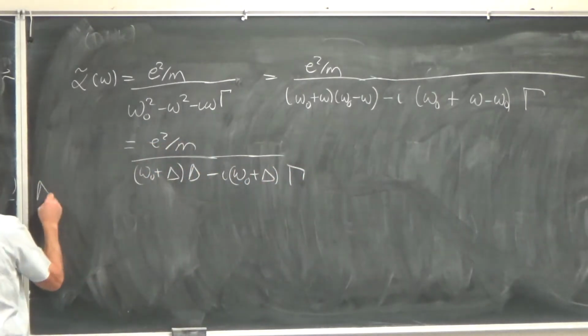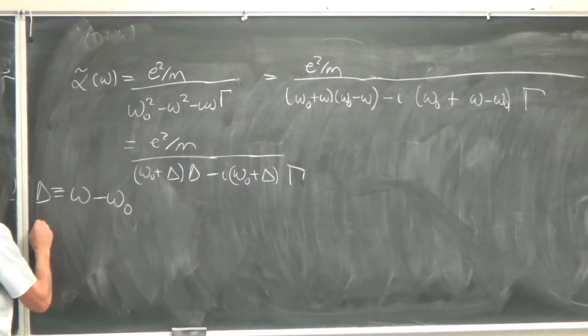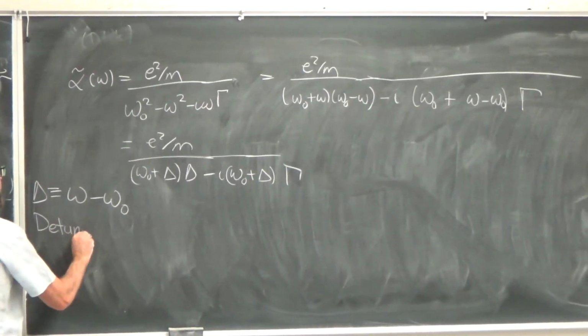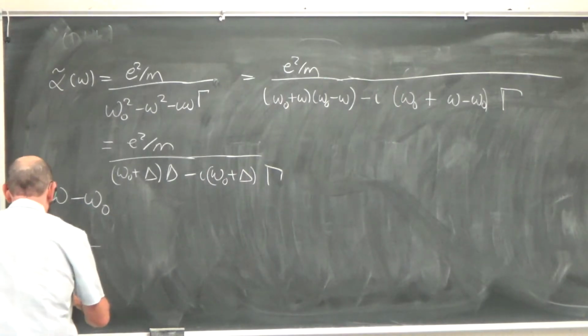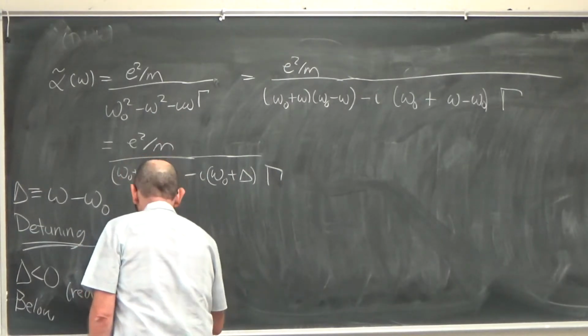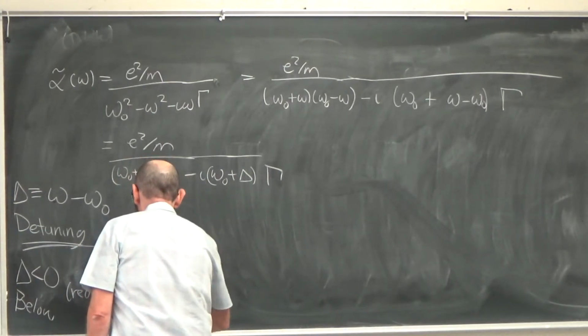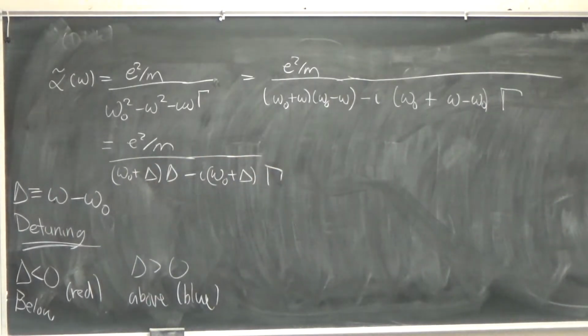Let me define delta as the applied frequency minus the resonance frequency. Always with that sign, this is what we call the detuning. The detuning is how far off resonance I am. And I always choose this sign such that when this is negative, I'm below resonance. We call that red detuning because the wavelength is longer. And if it's above resonance, we say we're blue detuned. That's the jargon. You're either red detuned or you're blue detuned.